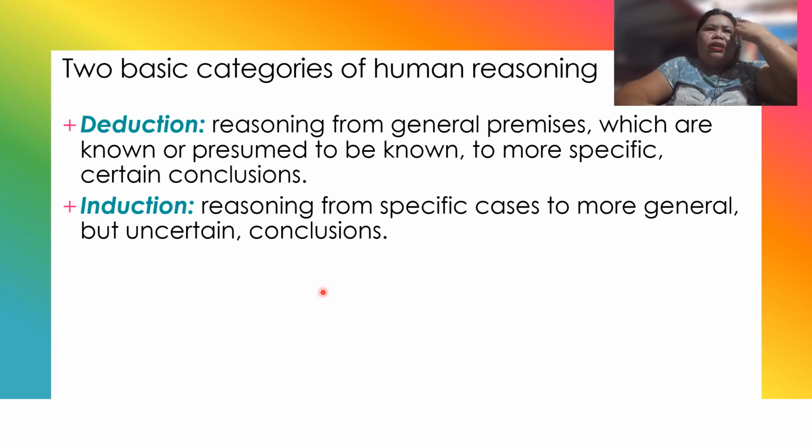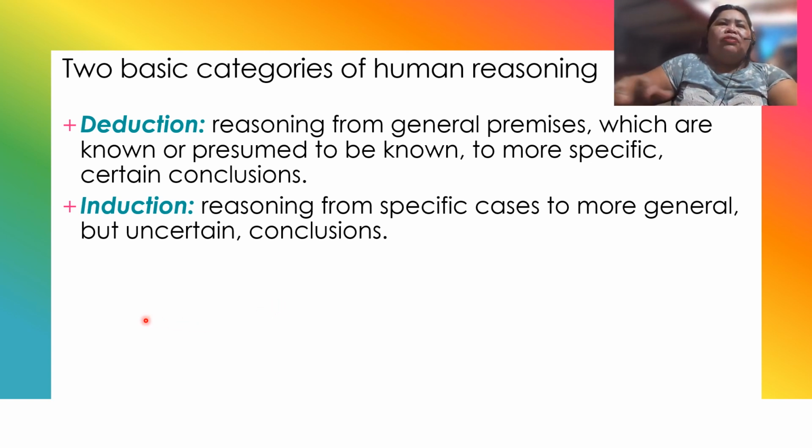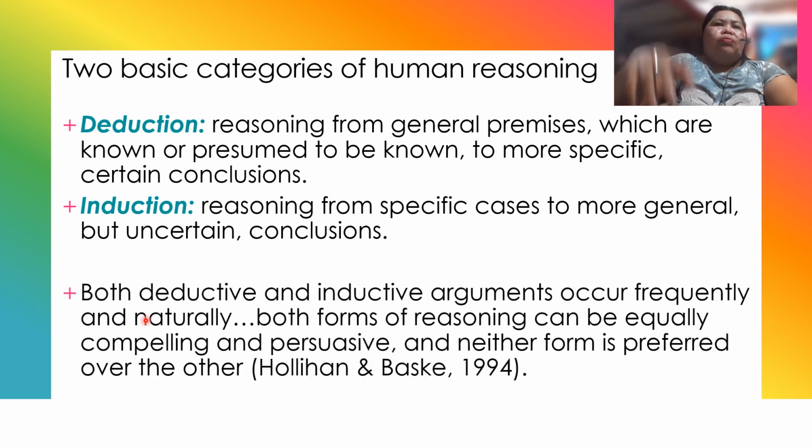In other words, deduction is from general to certain, and induction is from specific to general or uncertain conclusions. Both deductive and inductive arguments occur frequently and naturally. Both forms of reasoning can be equally compelling and persuasive. Neither form is preferred over the other. This is from Hollihan and Baske, 1984.